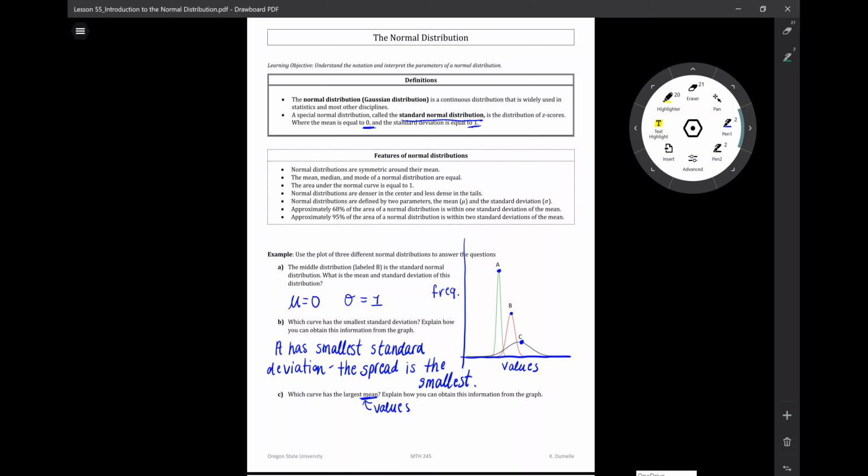And I want the highest x value for my mean. And I see that C has the largest x value for the mean, right? So C's curve has the largest mean. Its mean is to the right of the other two.